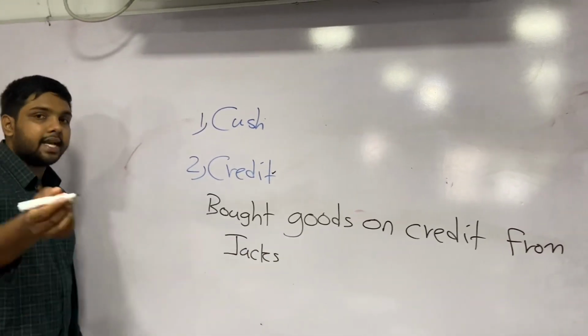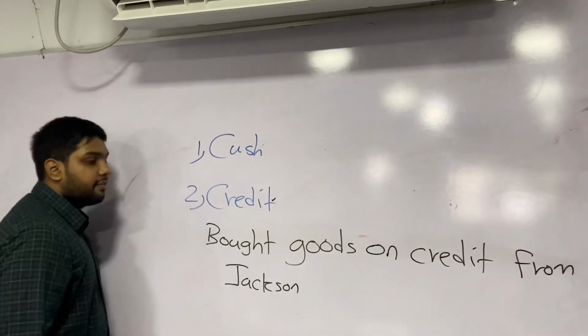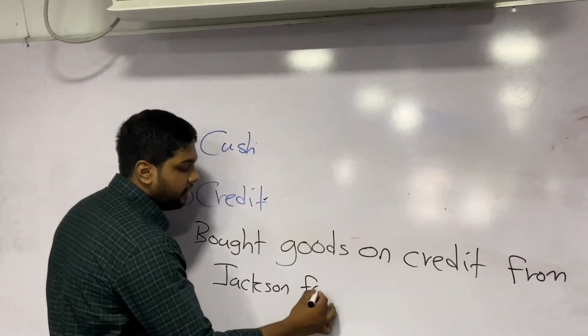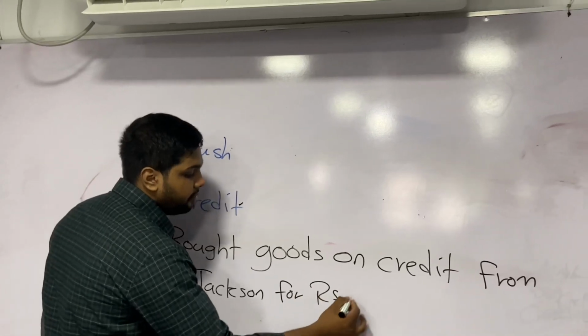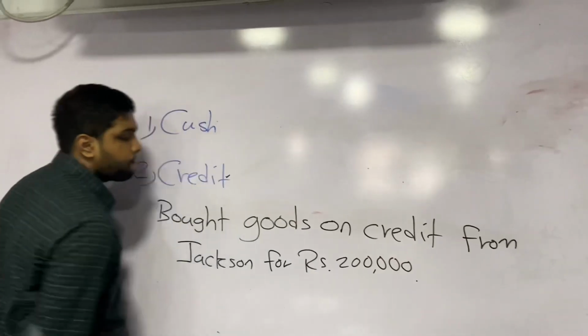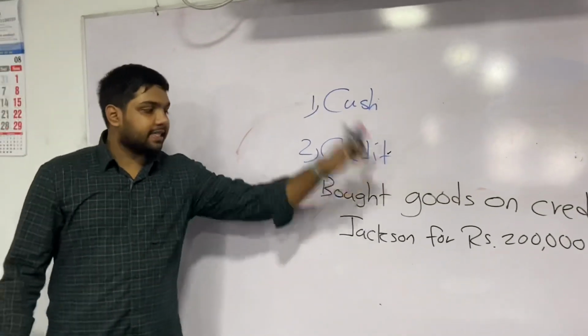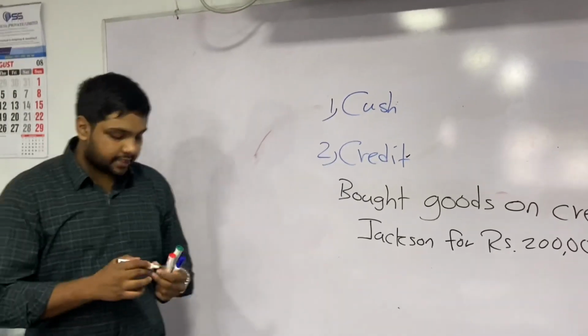It can be Jackson, it can be Thompson. Here, see, bought goods on credit from Jackson for, we'll put 200,000 rupees. Bought goods on credit from Jackson for 200,000 rupees.